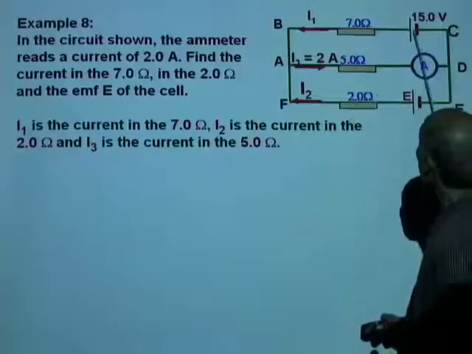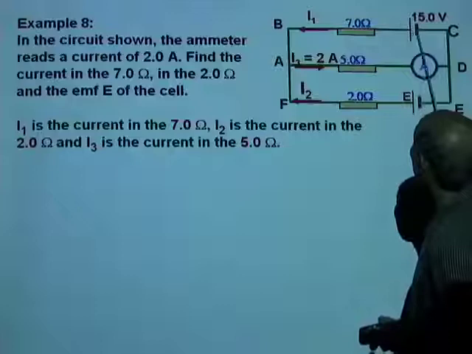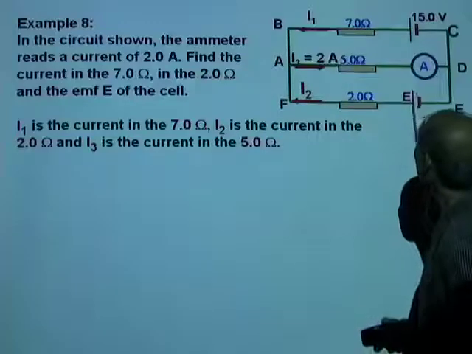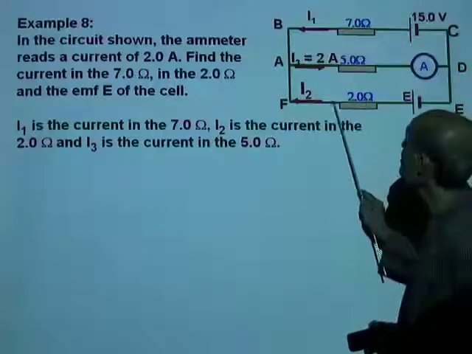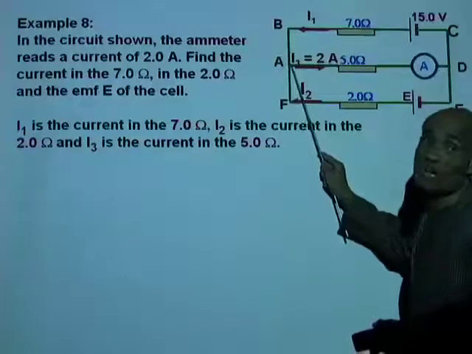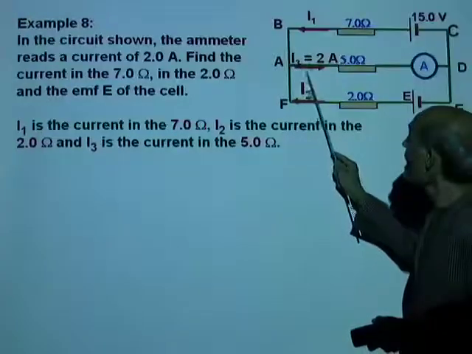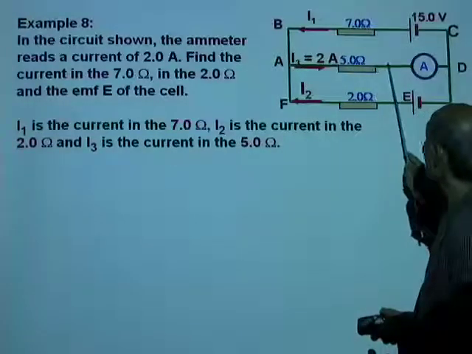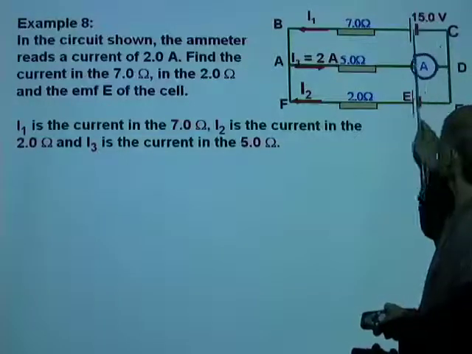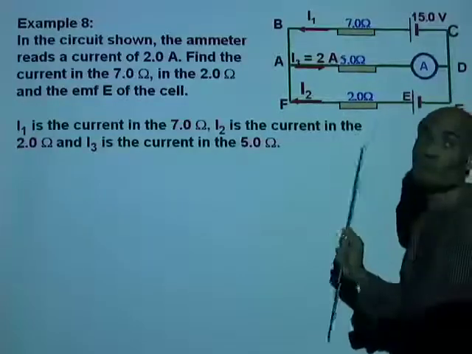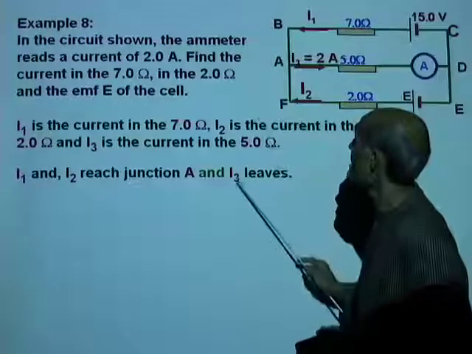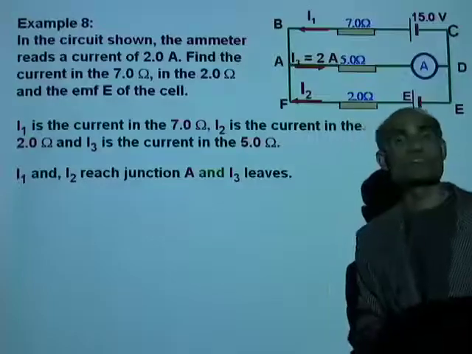So the assumption that we started with, let this battery drive a current I1 into 7 ohm and this battery drive a current I2 in the 2 ohm. I1 and I2 will come to junction A. They will join and go as I3 in the 5 ohm. They will join at D, then split as I1 and I2. I1 and I2 reach the junction A and I3 leaves that junction.